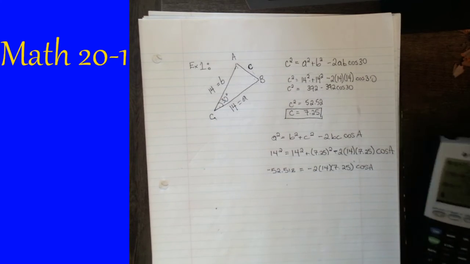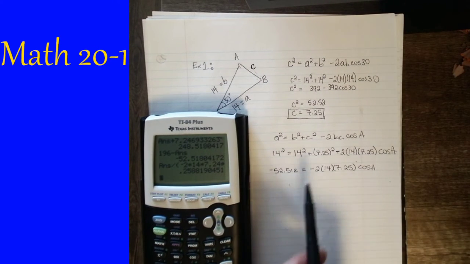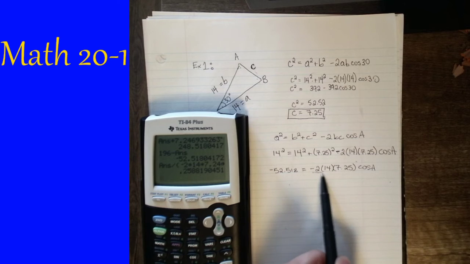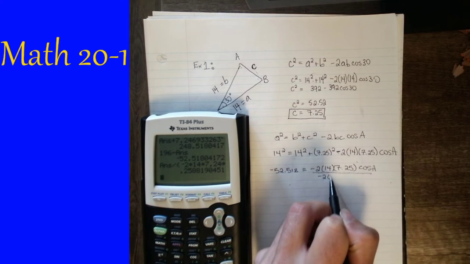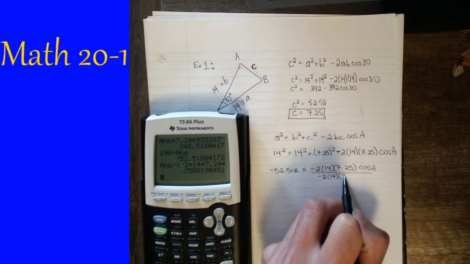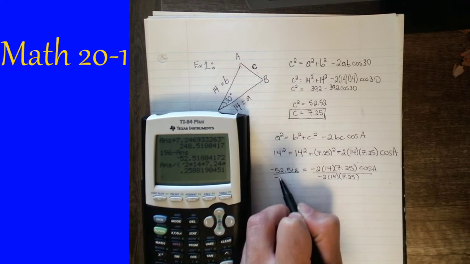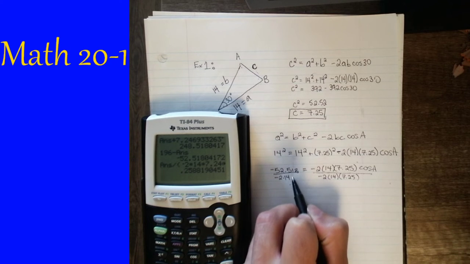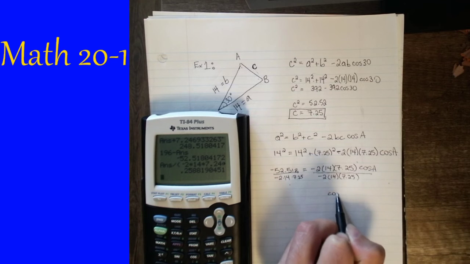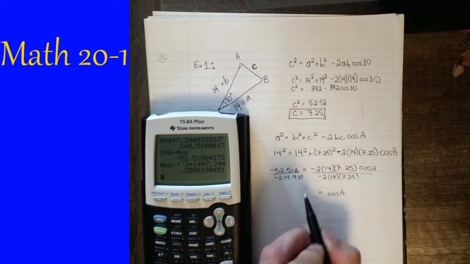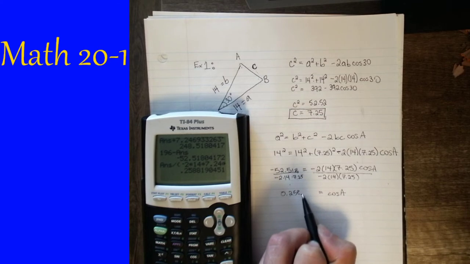You guys can see that on the calculator. So we divide this by negative 2, both sides. And we get cosine of A is equal to the 0.2588 number.